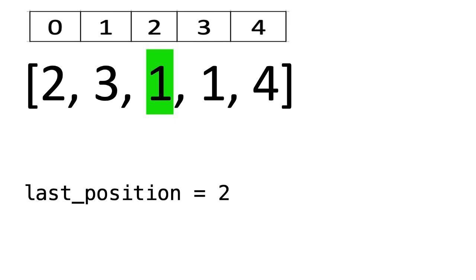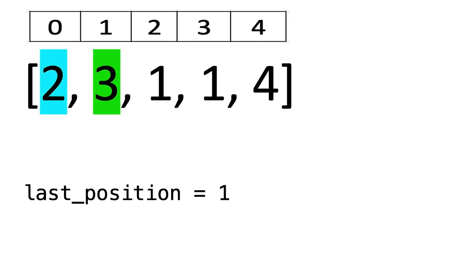Now we will iterate from the previous element, which is 3, and we will perform the same operation. Now we will check if 1 plus 3 is greater than or equal to 2, which is true. So we will again decrement the last position. Now we will iterate from the previous element, which is 2, and we will perform the same operation.